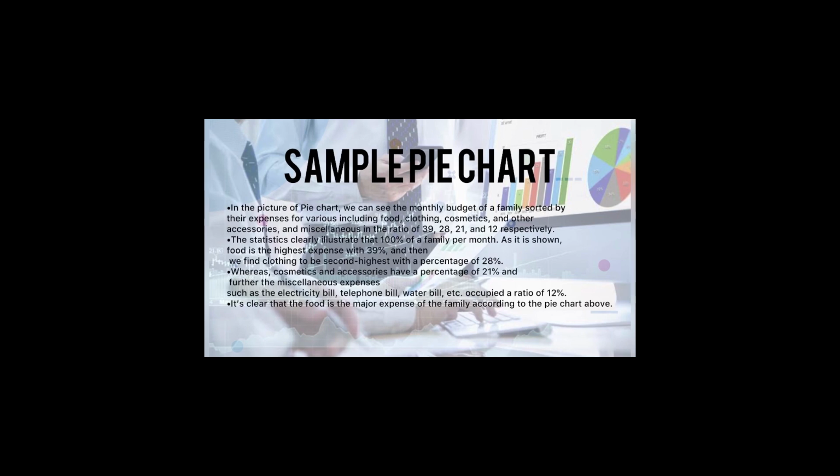As it is shown, food is the highest expense with 39%, and then clothing is the second highest with a percentage of 28%, whereas cosmetics and accessories have a percentage of 21%, and further the miscellaneous expenses such as the electricity bill, telephone bill, and water bill occupied a ratio of 12%.